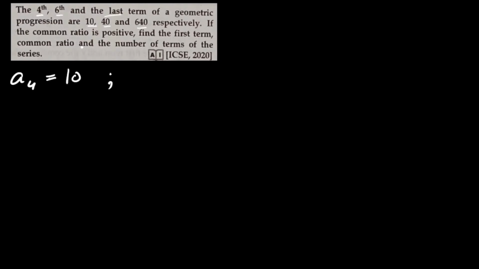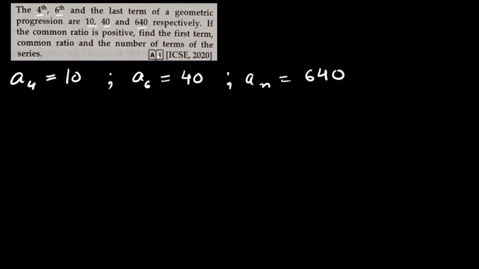A4 is 10. Then the sixth term is A6, and A6 equals 40. Then the last term: for the last term we write the symbol an only. an means our last term, so an is 640.